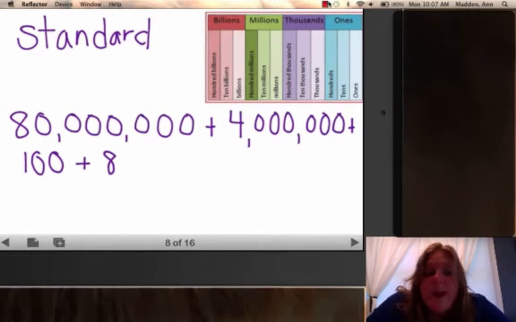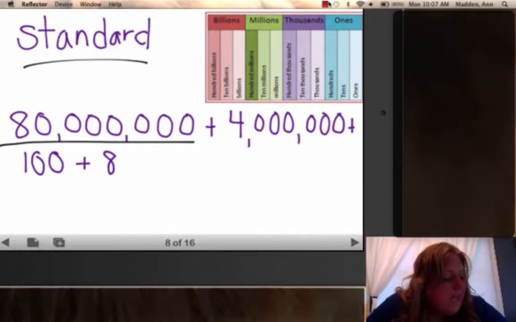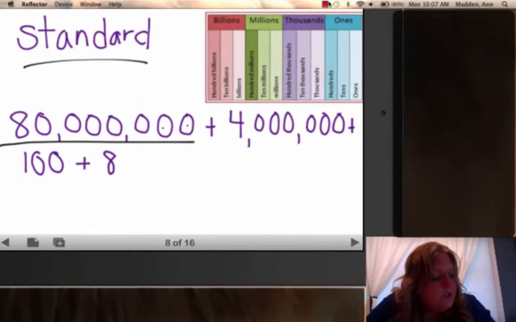Now I have an expanded form number here that it's telling me, once again, write it in standard form. I see my first number here is 80 million. Do you see where I got that? I've got 1, 2, 3, 4, 5, 6, 7 zeros.